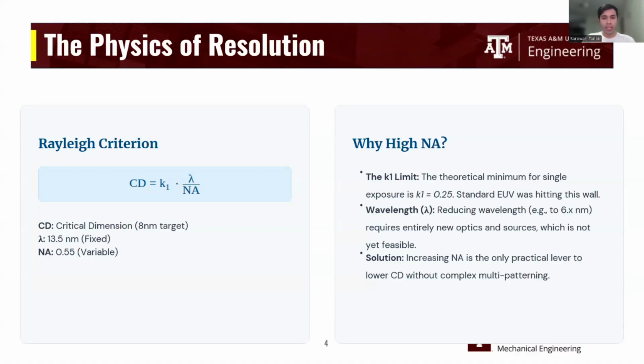So far we've already optimized the process factor k1 and the wavelength of light. Now we are in extreme ultraviolet. If we try to reduce it more, we move into X-ray, which is not ideal. And so the only thing we are left with is the numerical aperture. So that was the latest modification in the scanner system.